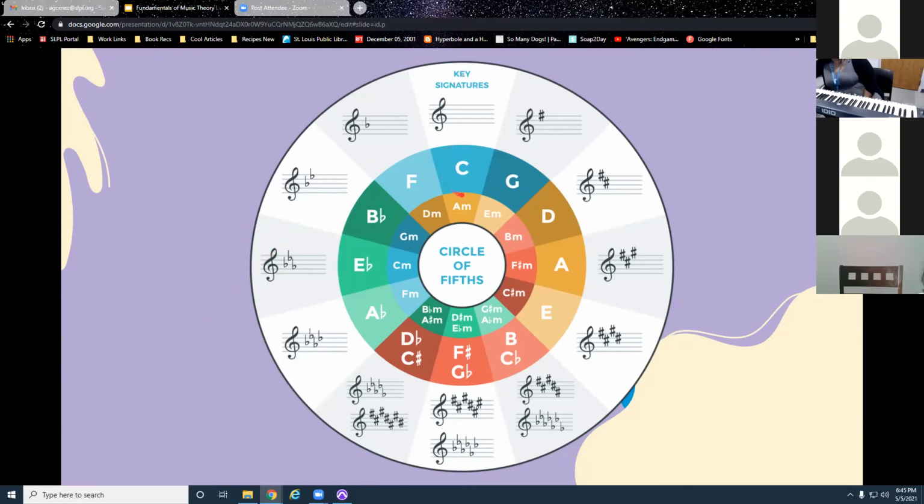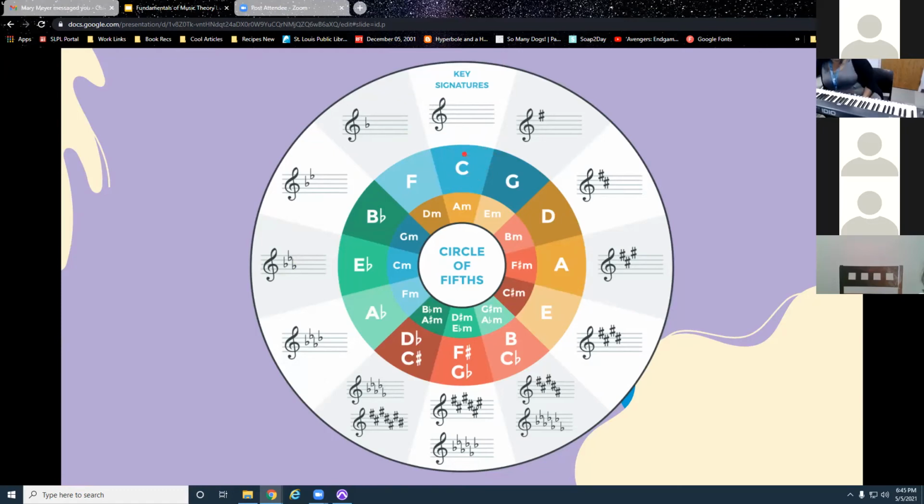Everything in music is based around this C, and its relative minor, A minor, here. The reason it's referred to as the circle of fifths is that for every fifth note, that's where we're going up.